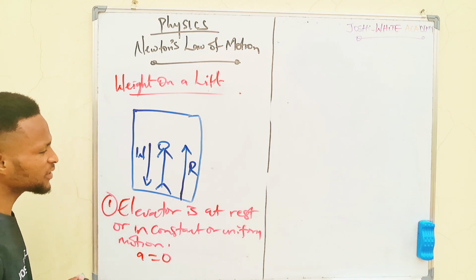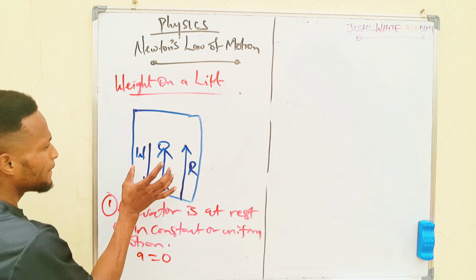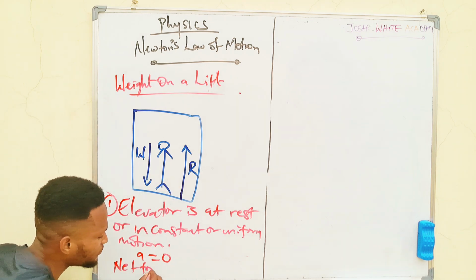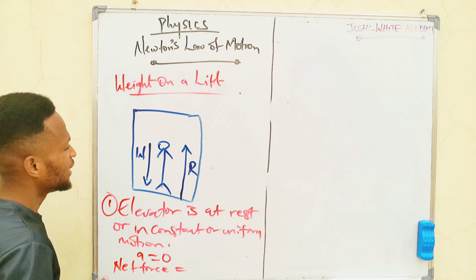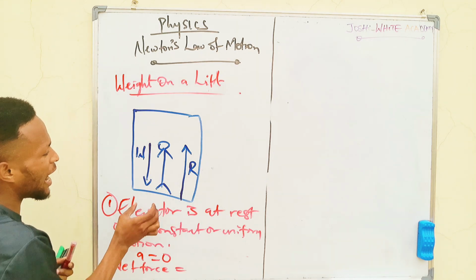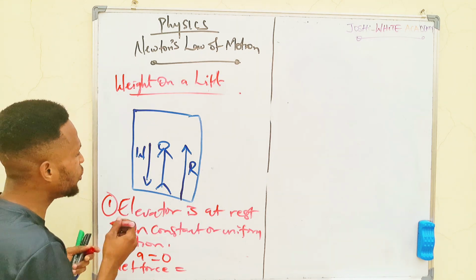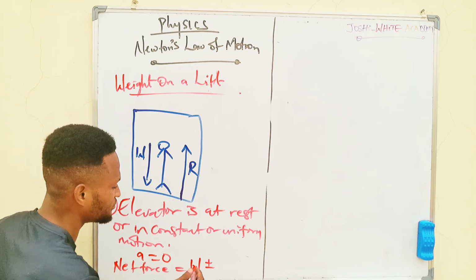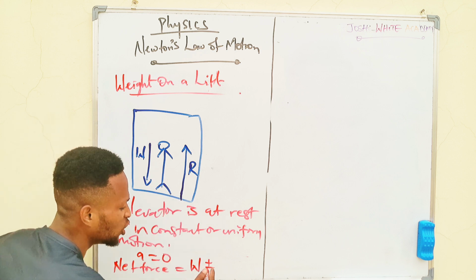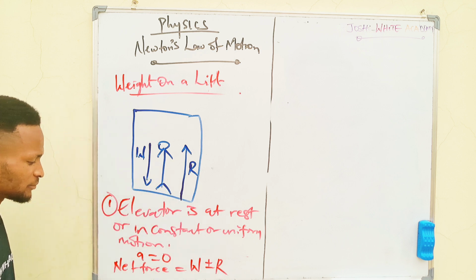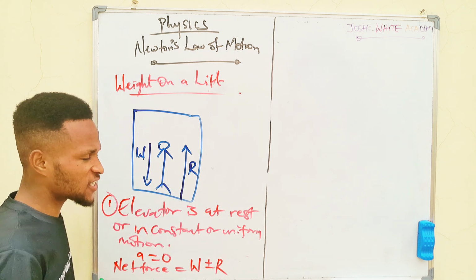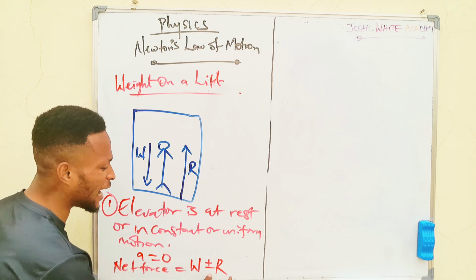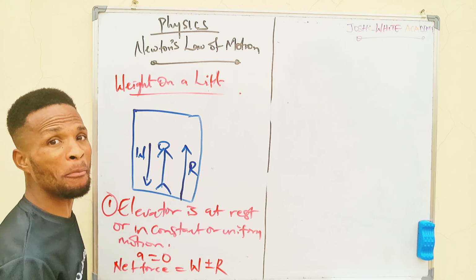0. So in that case, bringing our formula back, our net force is equal to our downward, which is our weight, plus or minus our upward, which is our normal. So always the weight or the apparent weight of the person is actually the normal.